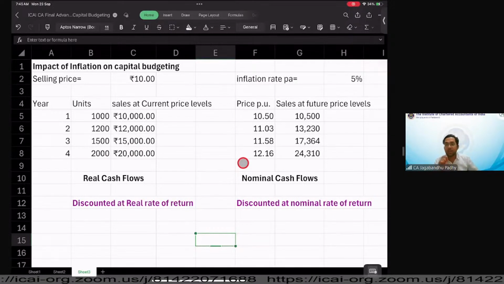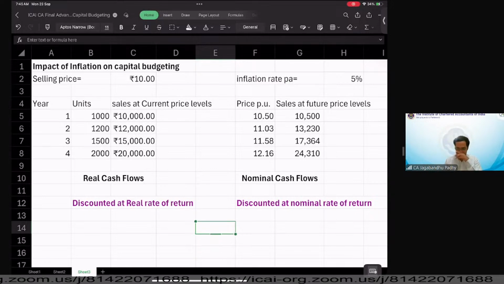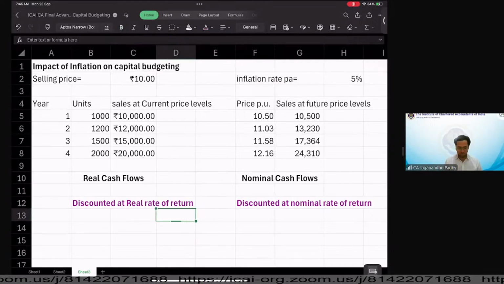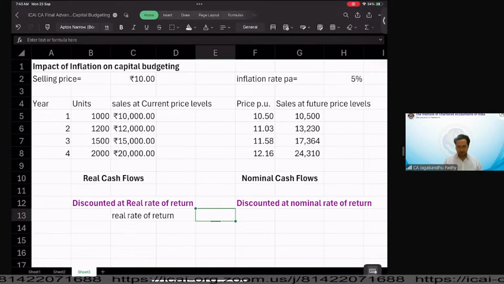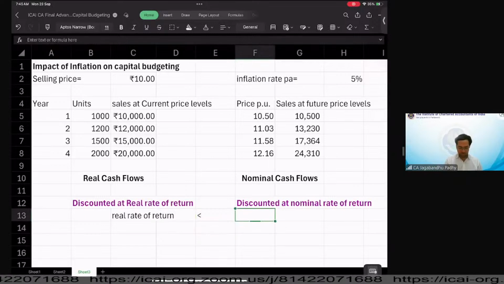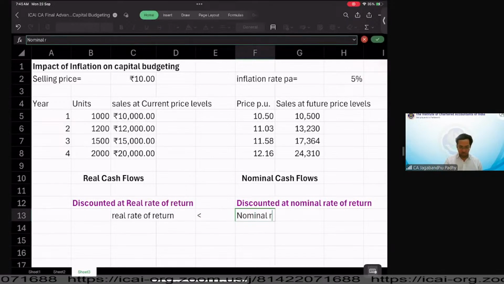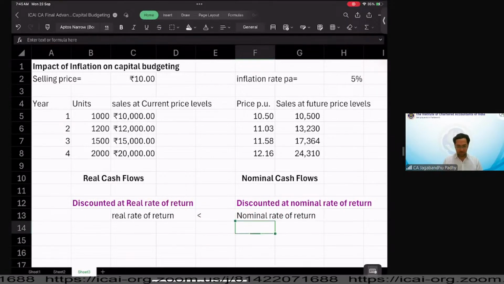Now it's time for us to understand the relationship between a nominal return and a real return. Obviously, we say that the real rate of return will definitely be lower than the nominal rate of return, right?